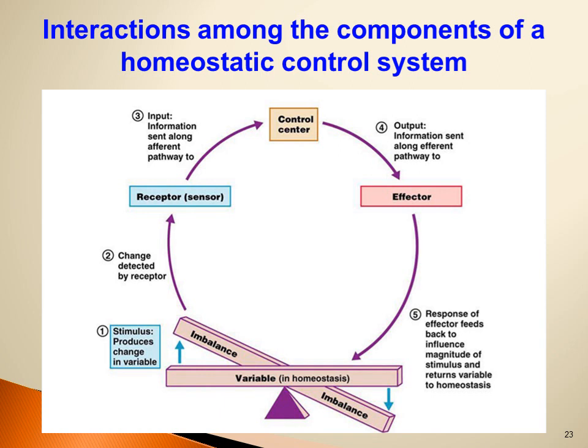Then the control center will evaluate and compare that input with the set point, and if there is a difference, it will send output in the form of information along the efferent pathway, or as chemical signals in the form of hormones, to the effector.